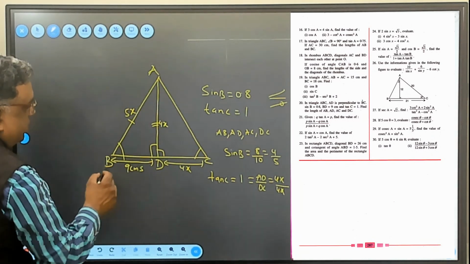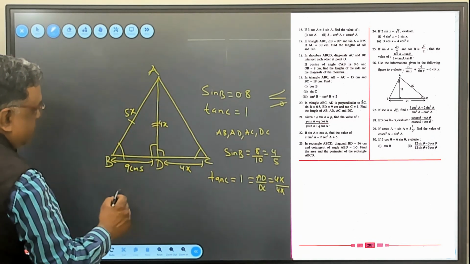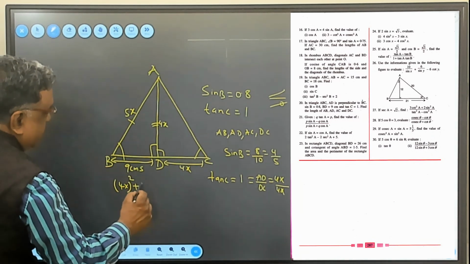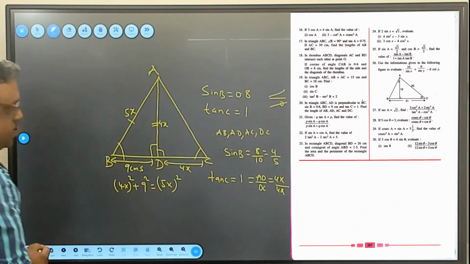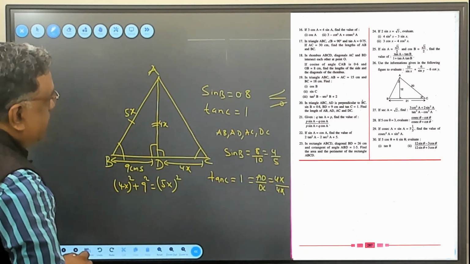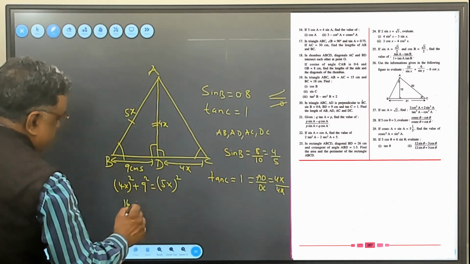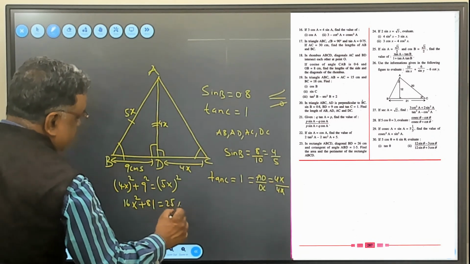In this particular triangle, I will apply Pythagoras theorem. So what does Pythagoras theorem say? 4x square plus 9 square is 5x square. Correct? Which means 16x square plus 81 is 25x square.